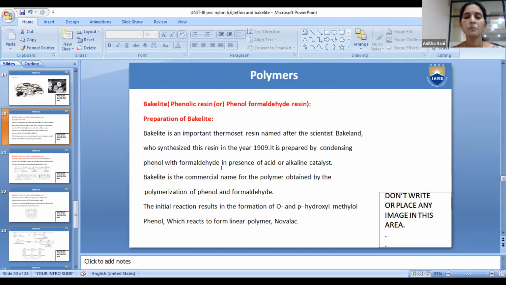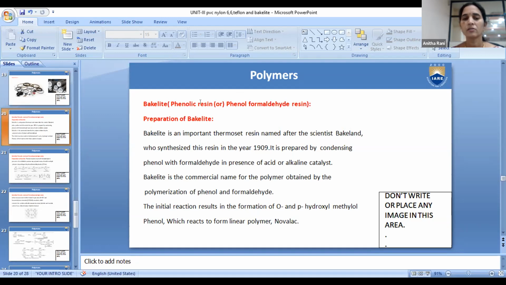So this polymer bakelite is prepared by taking phenol with formaldehyde in the presence of acid or alkaline catalyst. The chemical name is phenol formaldehyde resin, or phenolic resin.